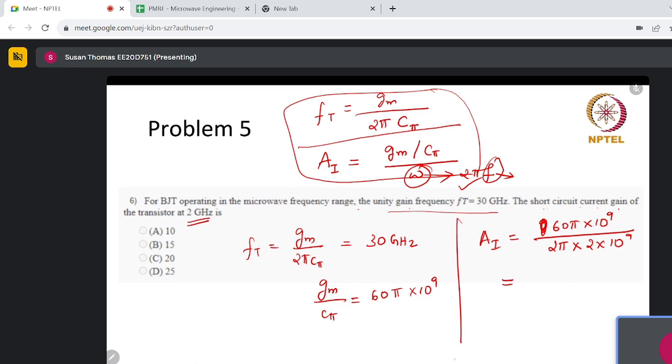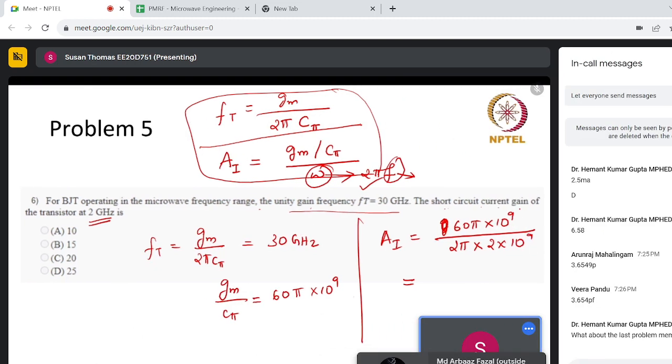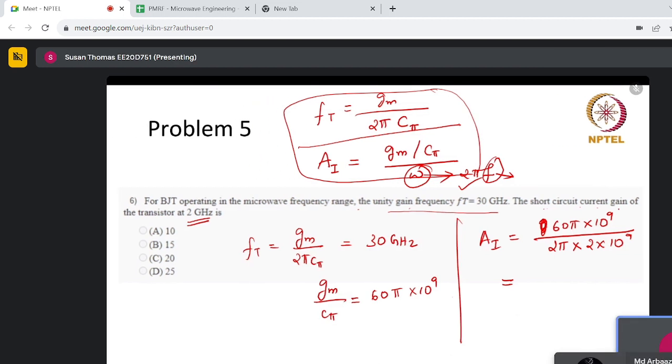Once you solve this, what will be the short circuit current gain? Yes, the right option is 50.